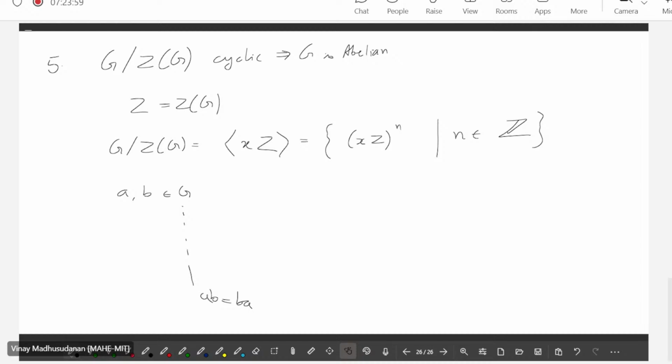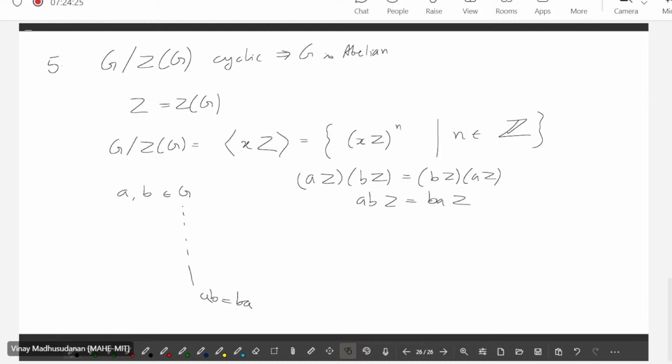Okay. So it is true that AZ BZ is equal to BZ AZ. Since Z is normal, we can write that as ABZ is equal to BAZ.